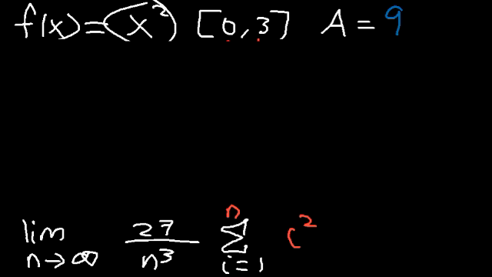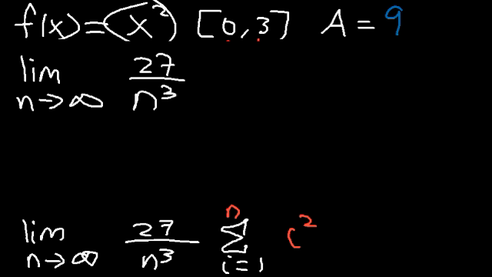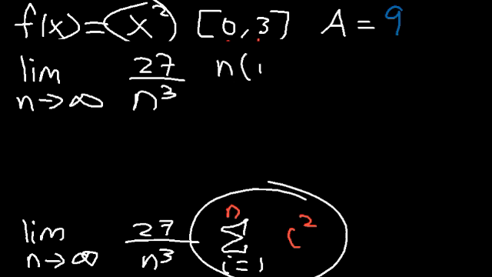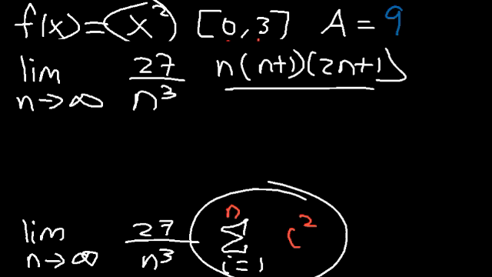And that formula, if you recall, it's n times n plus 1 times 2n plus 1 divided by 6. So what we now have is this limit expression times 27 over n cubed, and we can replace this with n times n plus 1 times 2n plus 1 divided by 6.